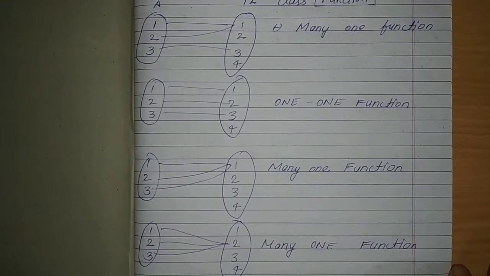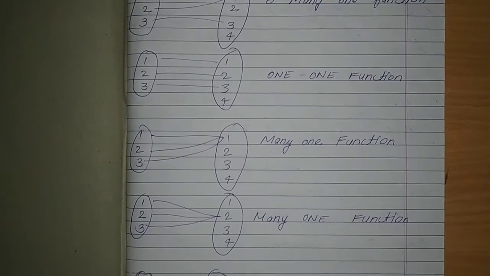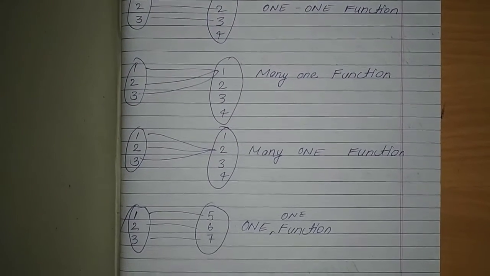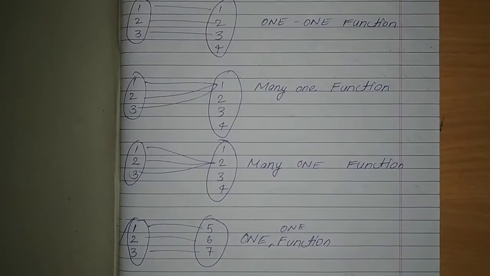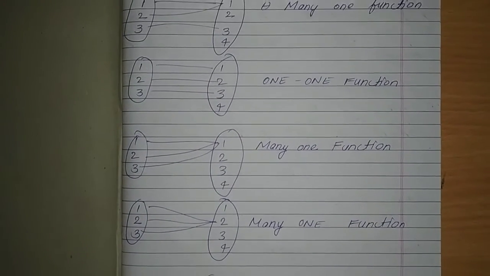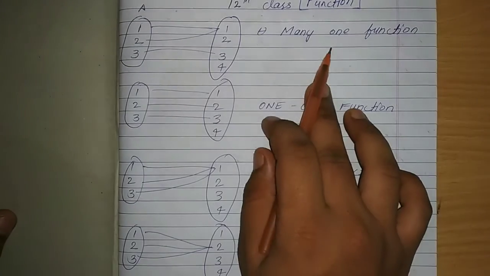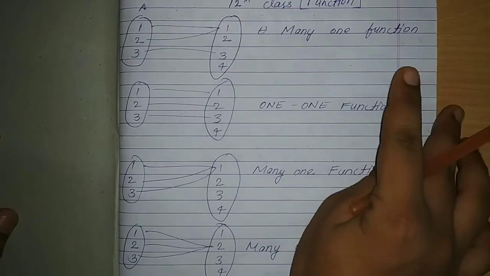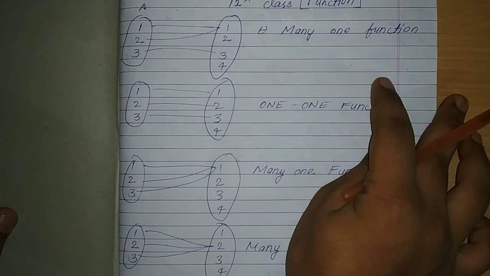And guys, you are able to see this page fully, I think. What I have written on the right hand side of these pages, can anyone tell me what this is? Yeah guys, in 12th class we have types of function: one-one function, many-one function, onto function, into function.